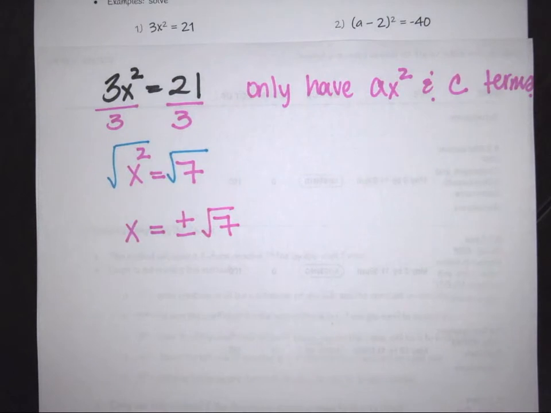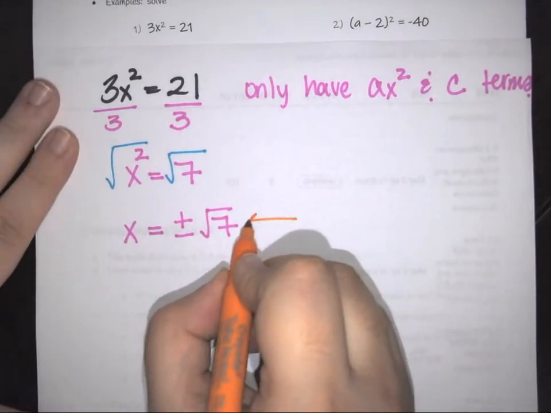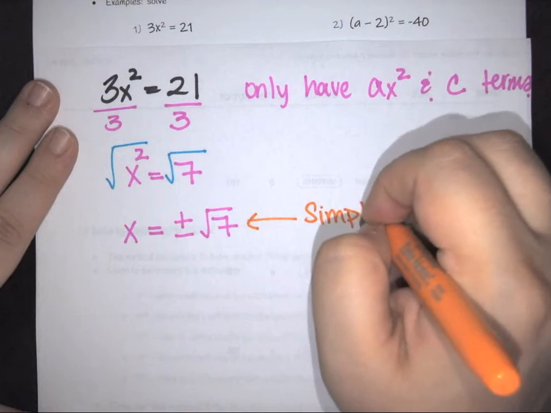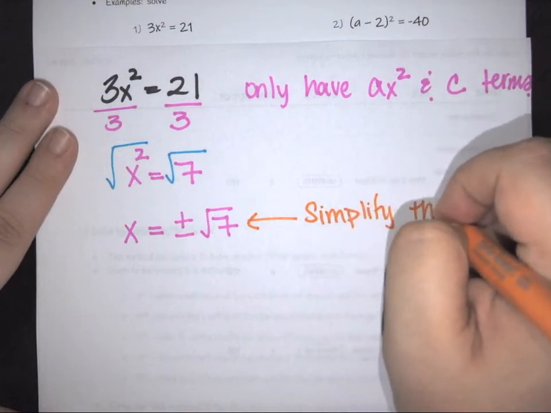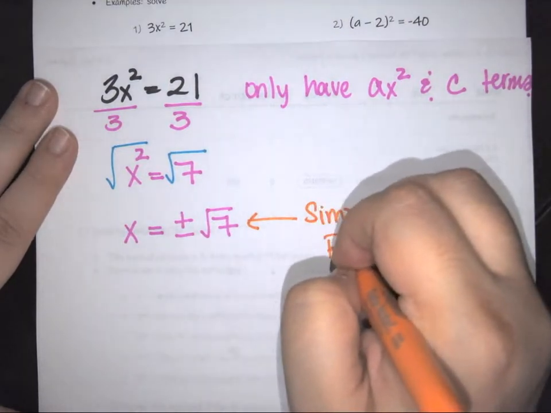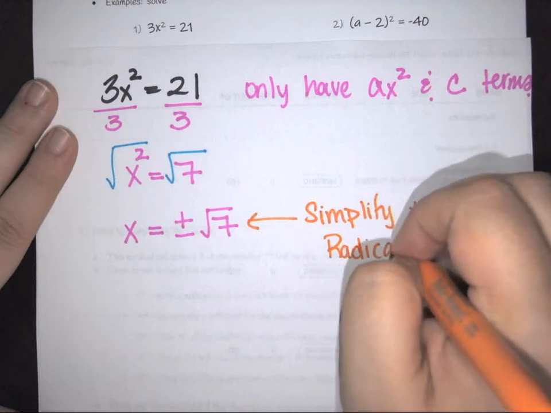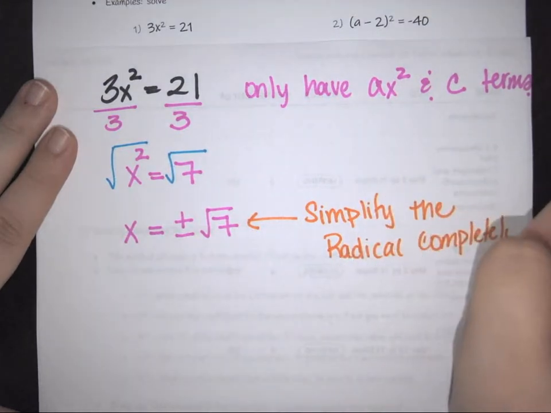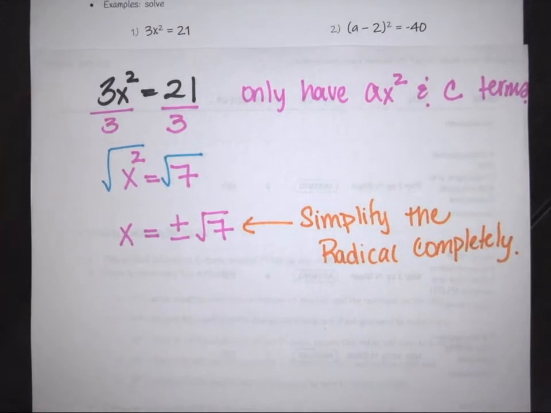Now, at this part, what you really want to make sure that you do is you want to make sure that you simplify the radical completely. It has to be as small as humanly possible.